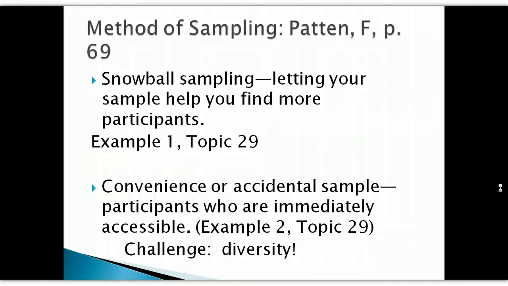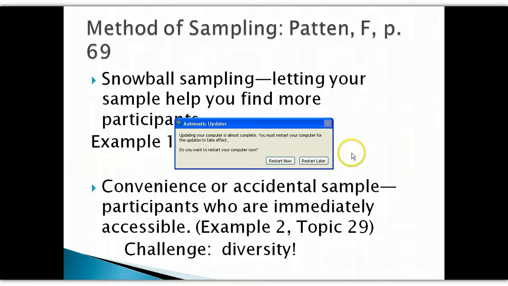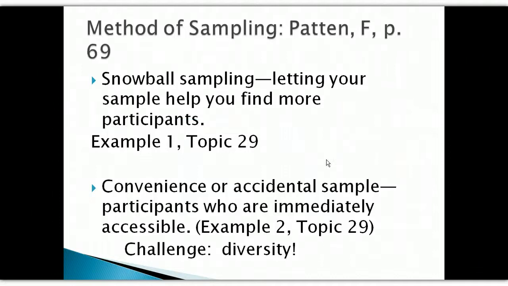So if you're going to do a convenience or accidental sample, you have to account for diversity, either by writing to say you're aware of the lack of diversity in your sample, or to ensure that diversity somehow in using that sample. Again, this is explained further on page 69, topic 29, example 2 in the book.